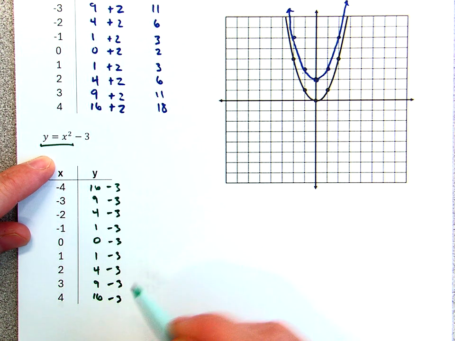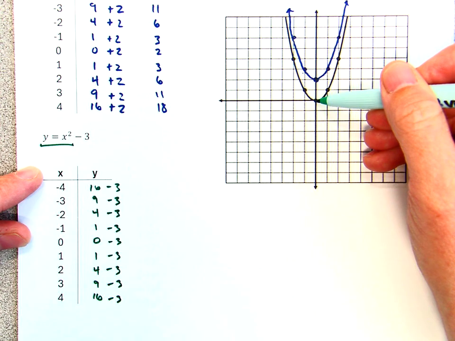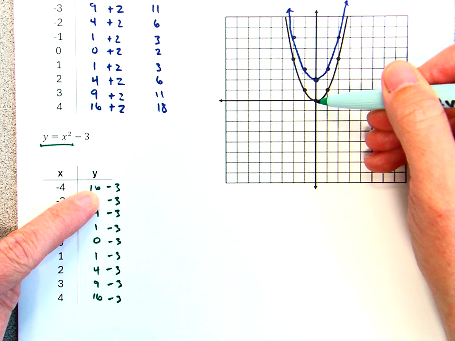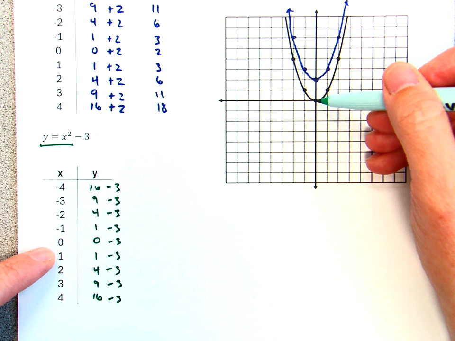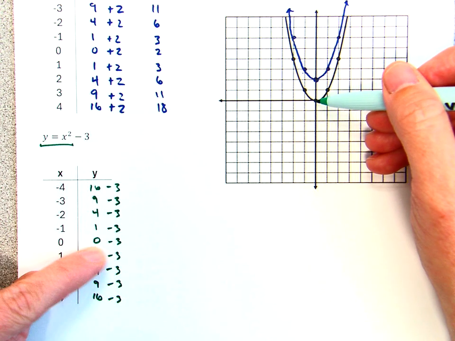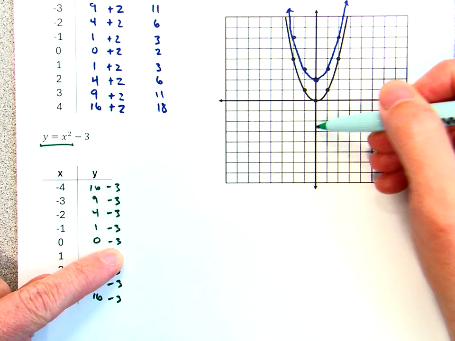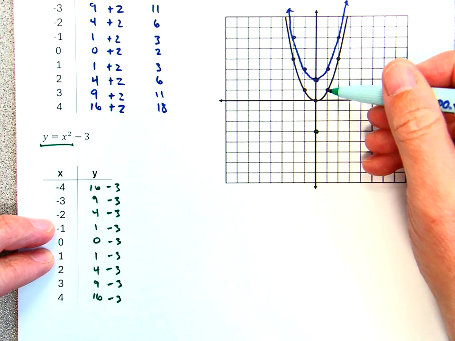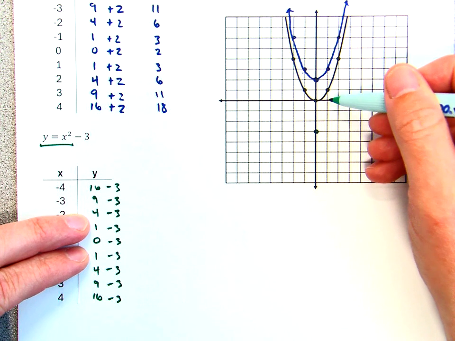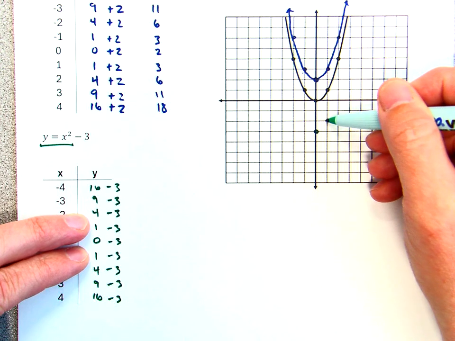then each of these y's will be decreased, right? Y's go this way, will be decreased by 3 units. So here at 0, we can see the 0 value of the y goes down 3 units, right? The y value of 1 goes down 3 units, right?